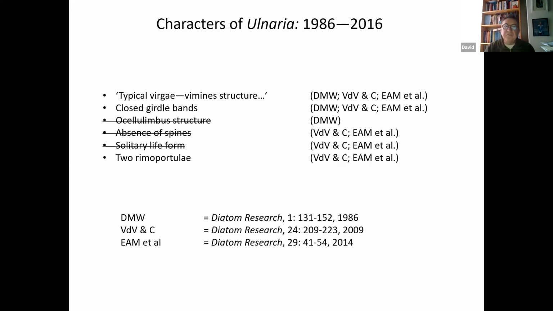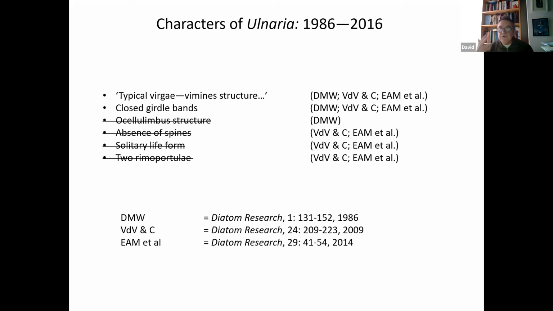A solitary life form, again, it's too vague, and it's part of the colony and how the colony forms and so on. Again, it may be useful for identification, but not for classification. And 2 rimoportulae, well, that turns out not to be so. So we can eliminate, of those 1, 2, 3, 4, 5, 6 characters that seemed to be defining Ulnaria, 4 of them.